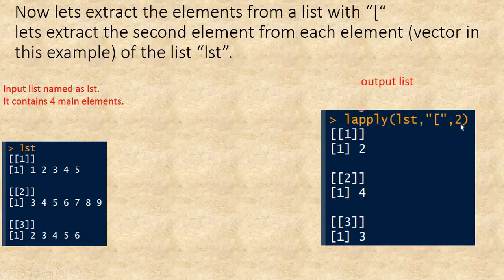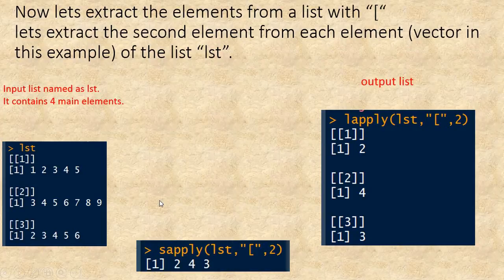And this 2 means, as I have already told you, that these three dots are the arguments of this function. So 2 is the argument of this function. Here it means that I am going to extract the second element from each of these vectors of the list, that is 2, 4 and 3. And if you use the sapply function, the procedure is the same, but the output will be a vector.